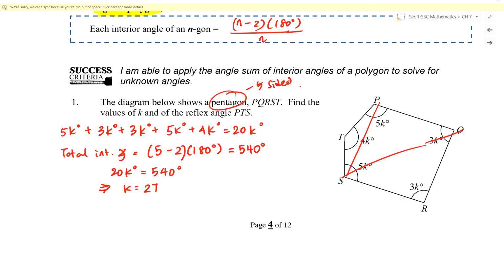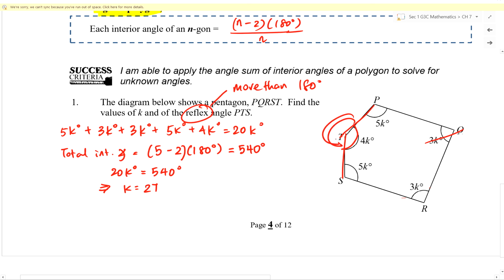Find the reflex angle PTS. Reflex means more than 180 degrees. So PTS can refer to either 4k or this bigger angle, otherwise known as the reflex angle.